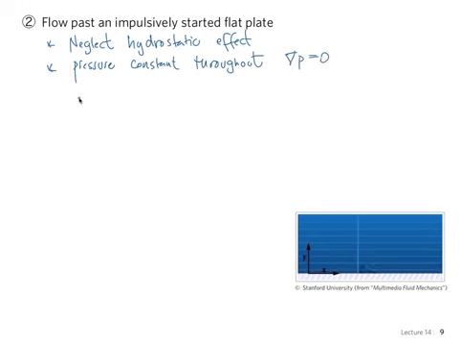And yes, we do have the viscous term. Velocity is only in the u direction, but the flow is not steady. The convective acceleration is 0, so we have du dt.